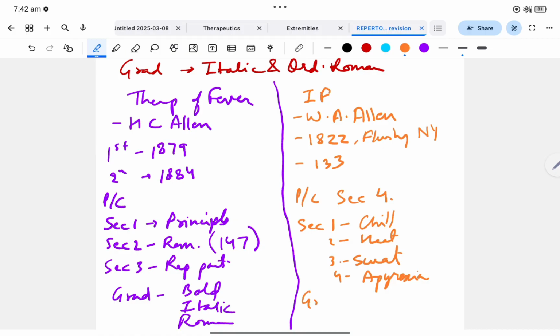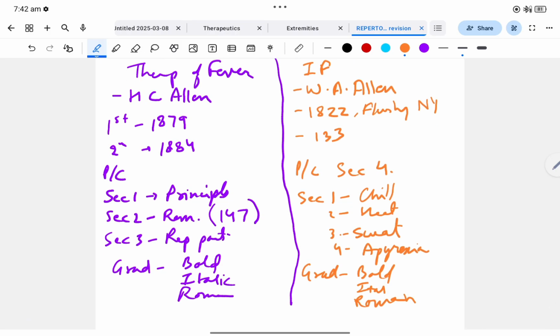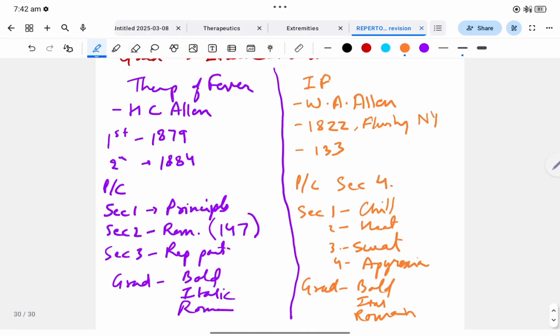Gradations used are bold, italic and Roman, as that of Therapeutics of Fever. So these two repertories of fever I have compared side by side, their author, their plan and construction, their publishing dates, etc. Thank you.